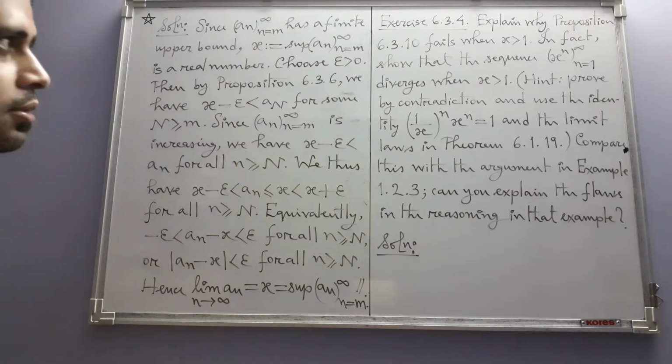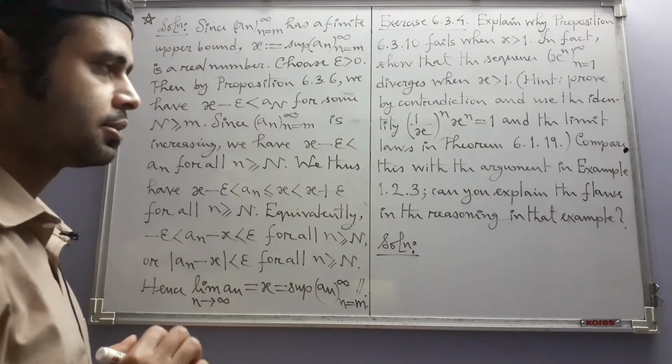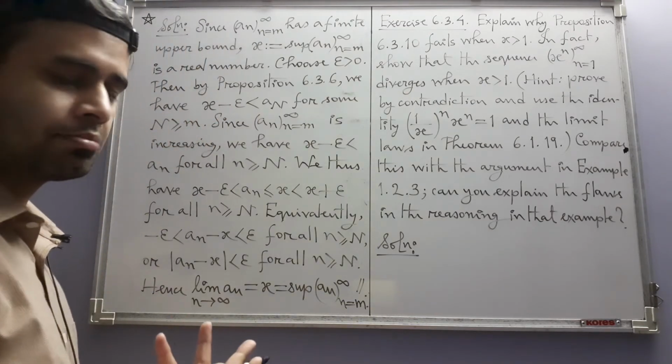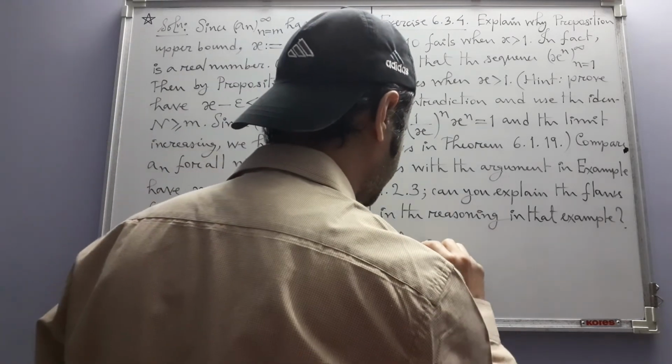So we have been asked to show that this sequence diverges when x is greater than 1. Contrary to that, let us suppose that it is convergent even when x is greater than 1.